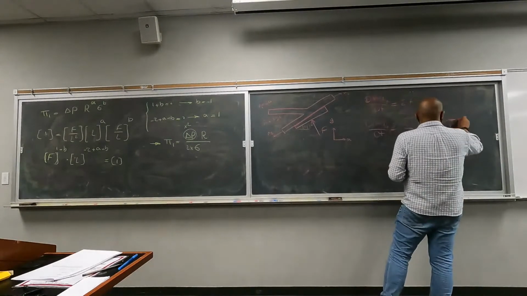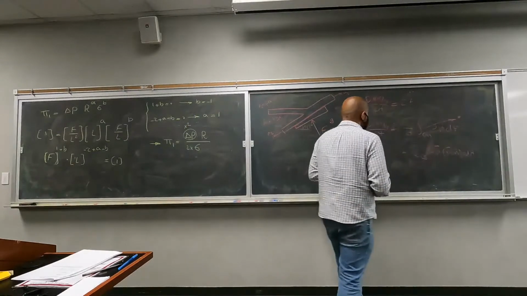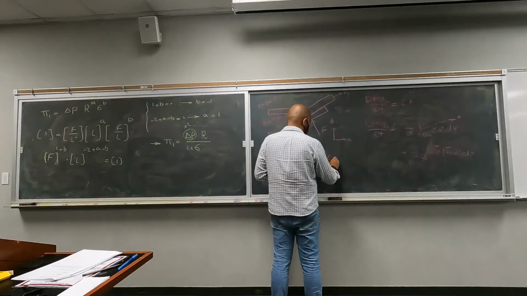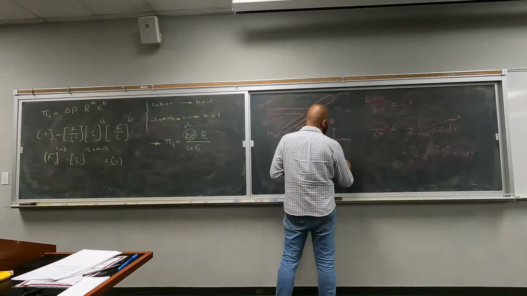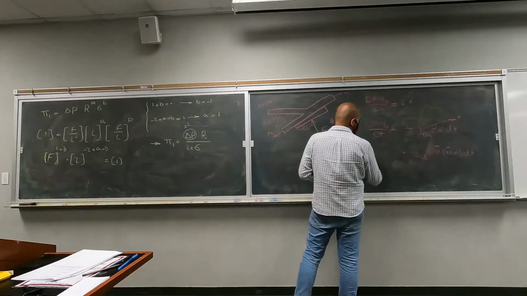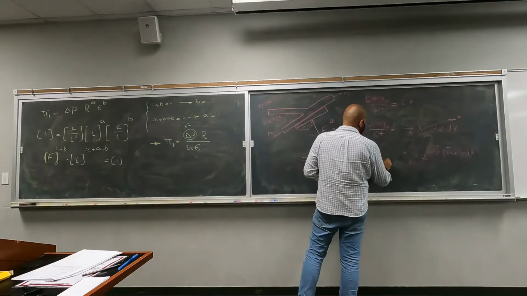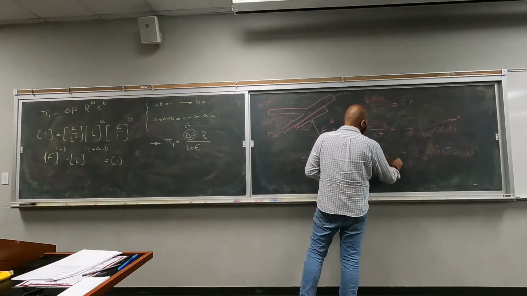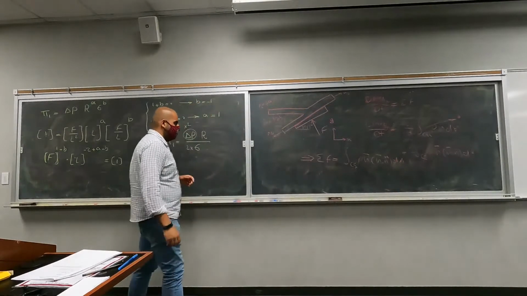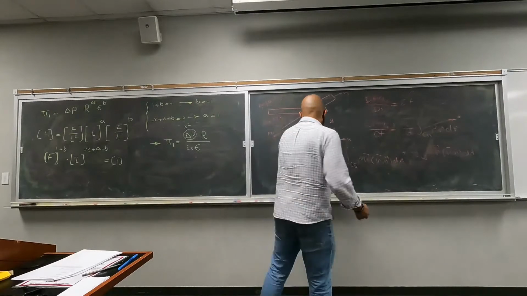It's a steady case, so this is 0. So your sigma f is going to be equal to the integral of control surface rho v vn dA. Okay, we have fx and fy.